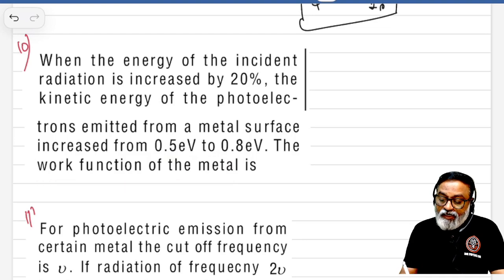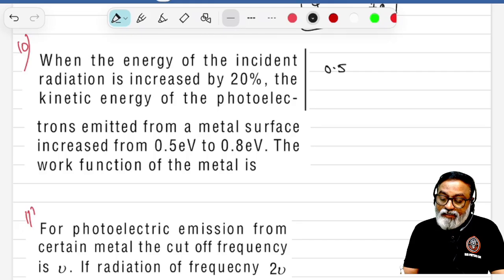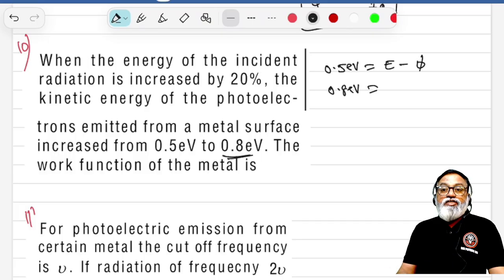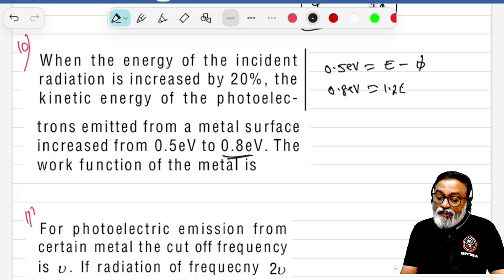See here, initial kinetic energy is 0.5 electron volts, equal to incident energy, which I am taking as E, minus the work function phi. And when this kinetic energy changes to 0.8 eV, when incident energy increases by 20%, this becomes 1.2E minus phi. It is equation number 1.